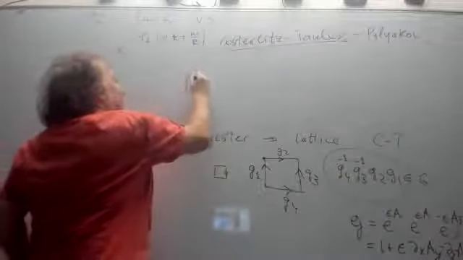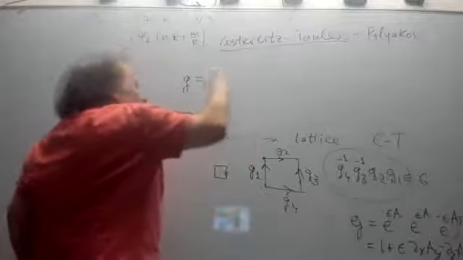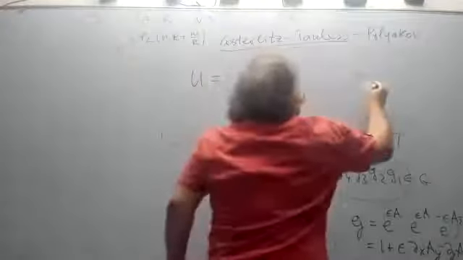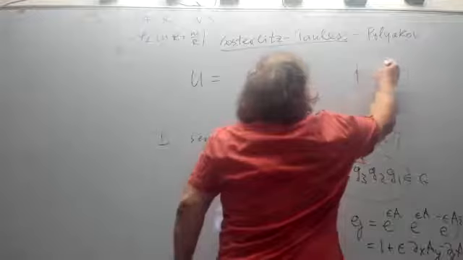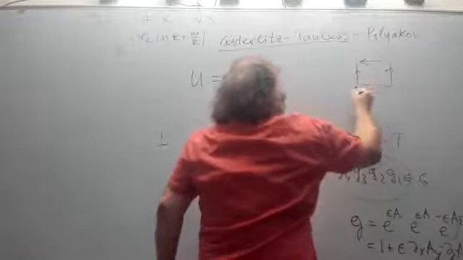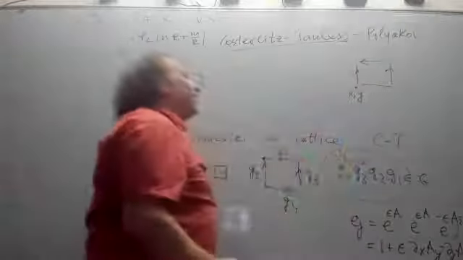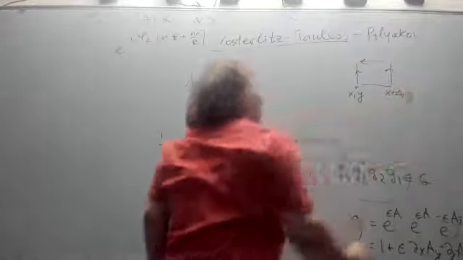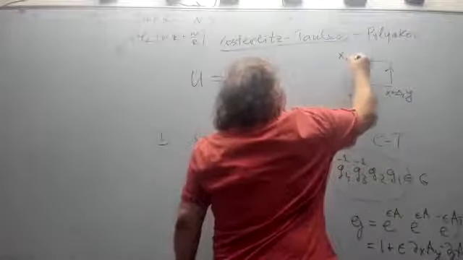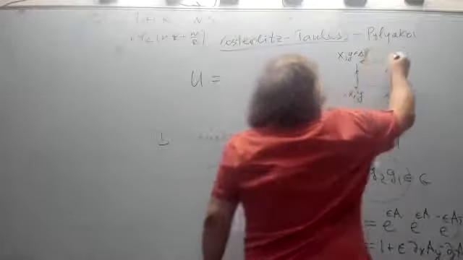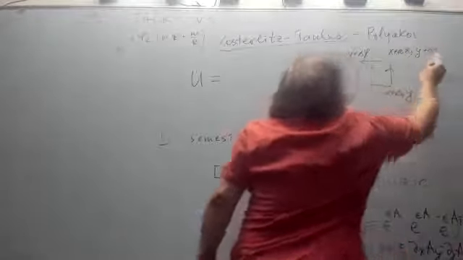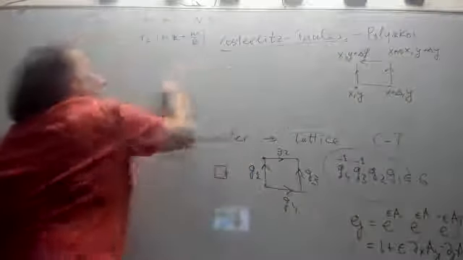So here is g, the monodromy. The monodromy U is, so here is the point x, y. I will write it in 2 dimensions. Here is x plus delta x, y. Here is x, y plus delta y. Here is x plus delta x, y plus delta y. Okay? What monodromy is?